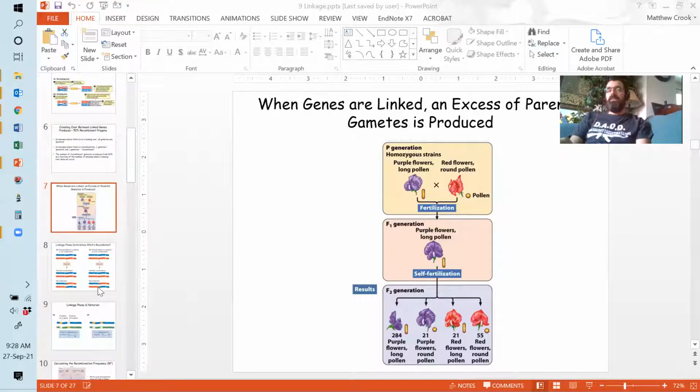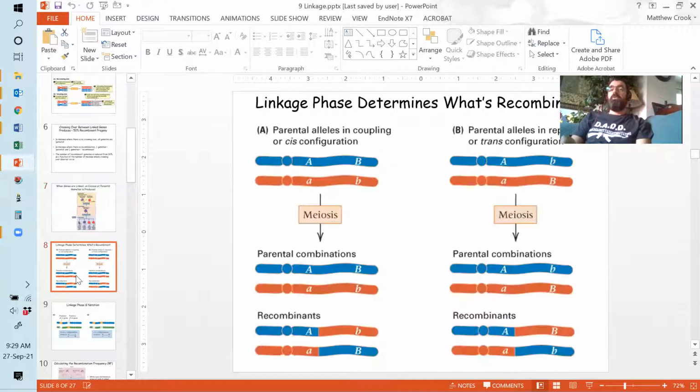So another key point, which is extraordinarily important when we talk about linkage, is what's called linkage phase. There are two words that matter here: cis and trans linkage.